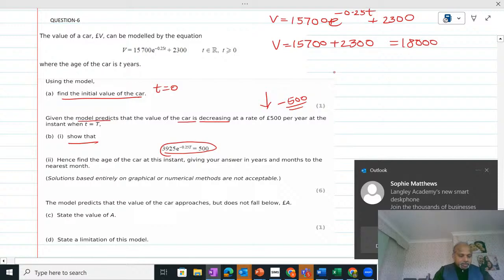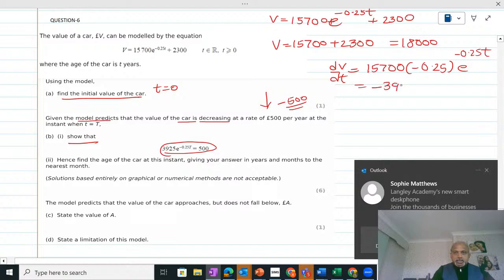So if we put dV over dt equal to 15700 times minus 0.25 e to the power minus 0.25t, if you multiply, it should be minus 3925 e to the power minus 0.25t, and dV over dt is given minus 500.